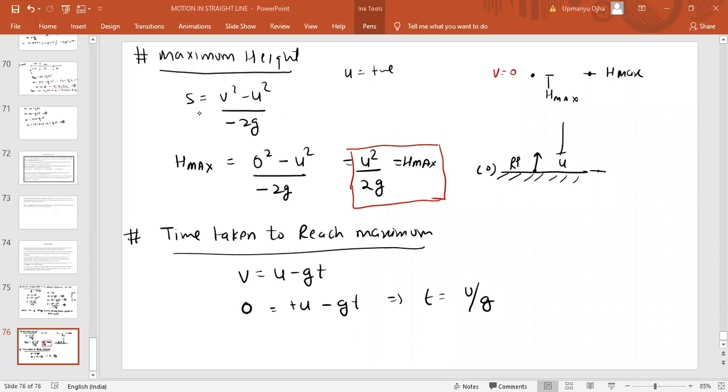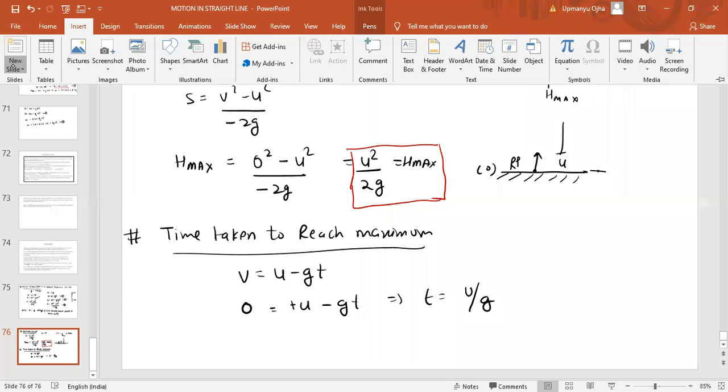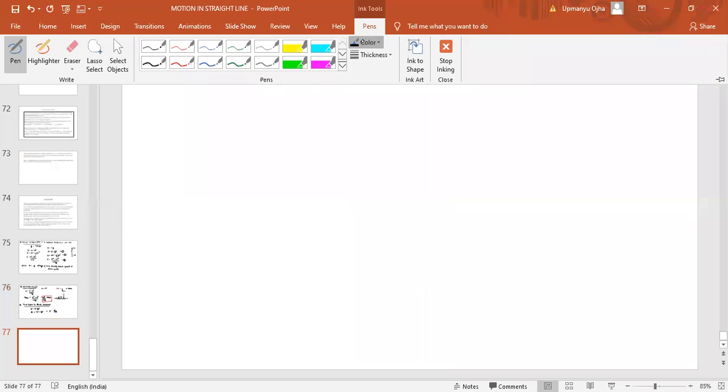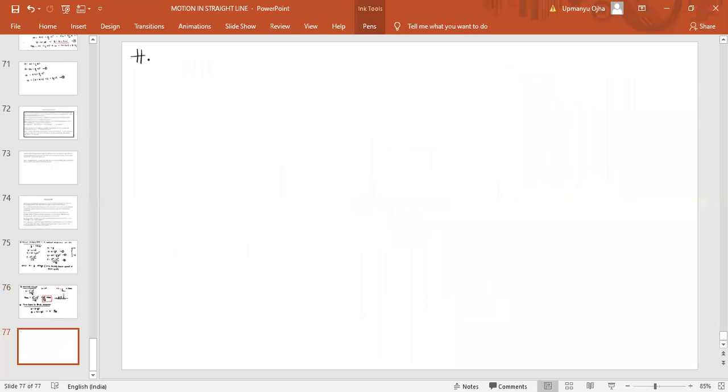Okay. Now, next thing, can you find the total time of the flight? Time of flight, you understand? Time of flight is the time taken to again come back to the same position. Can you find the time of the flight?